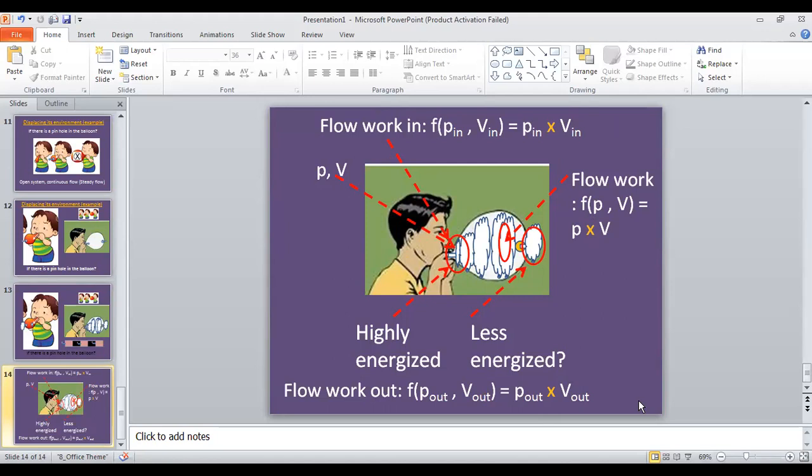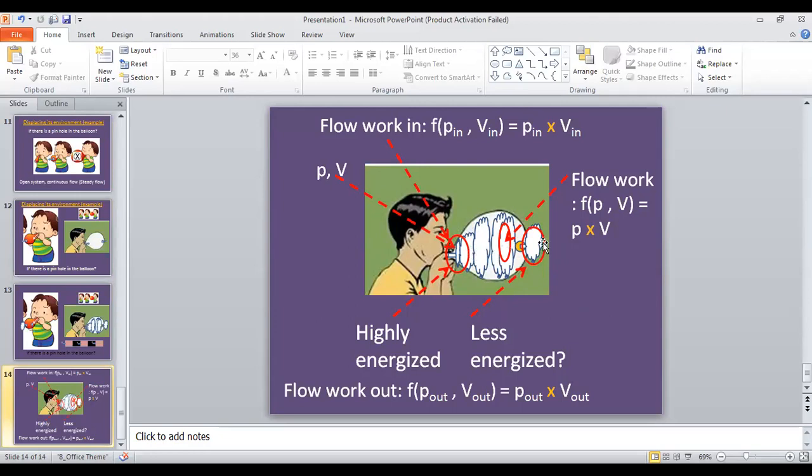So imagine if you blow V volume of air at pressure P, P times V is the work done by you on the fluid. So now this fluid does this work again here. There is a similar flow work done from one parcel on the other.